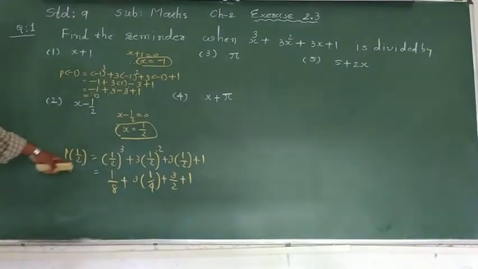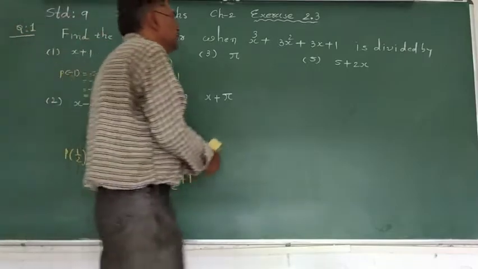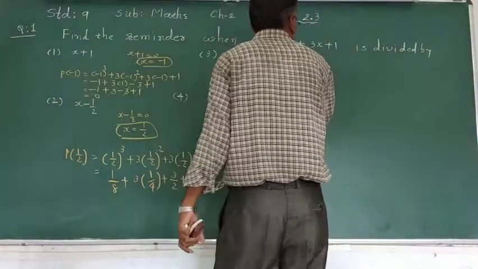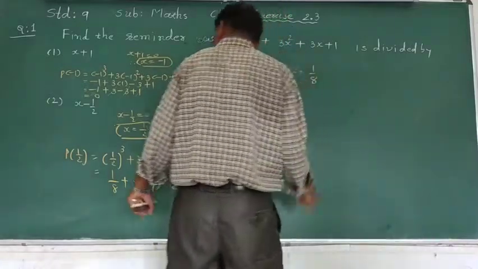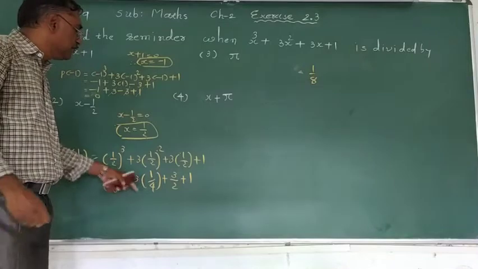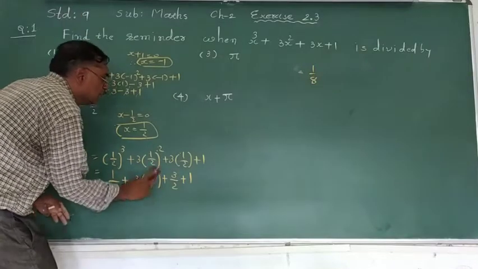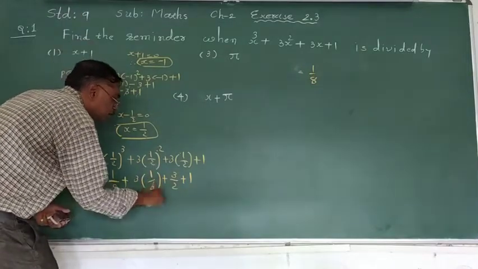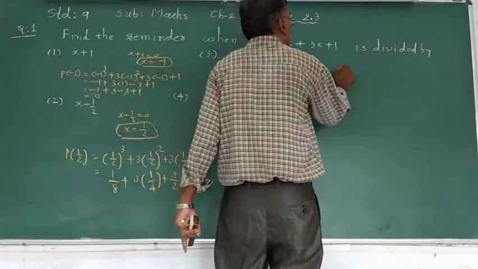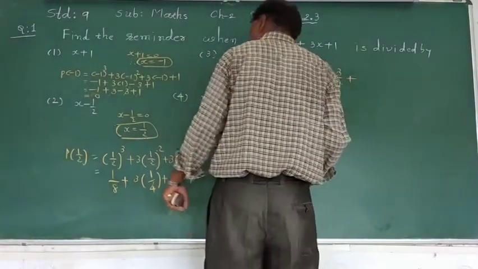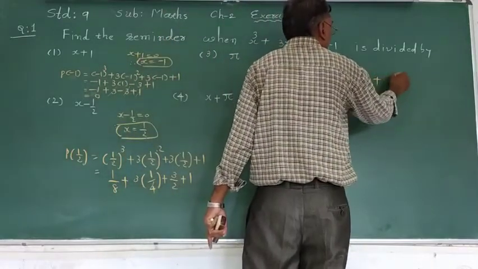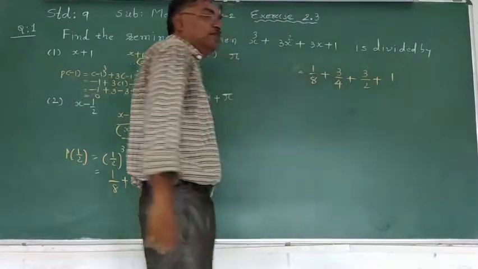Now we are going to simplify this term. See here. 1 upon 8 plus 3 ones are 3, and 2 square is 4, so 3 upon 4, plus 3 upon 2, plus here is the 1.